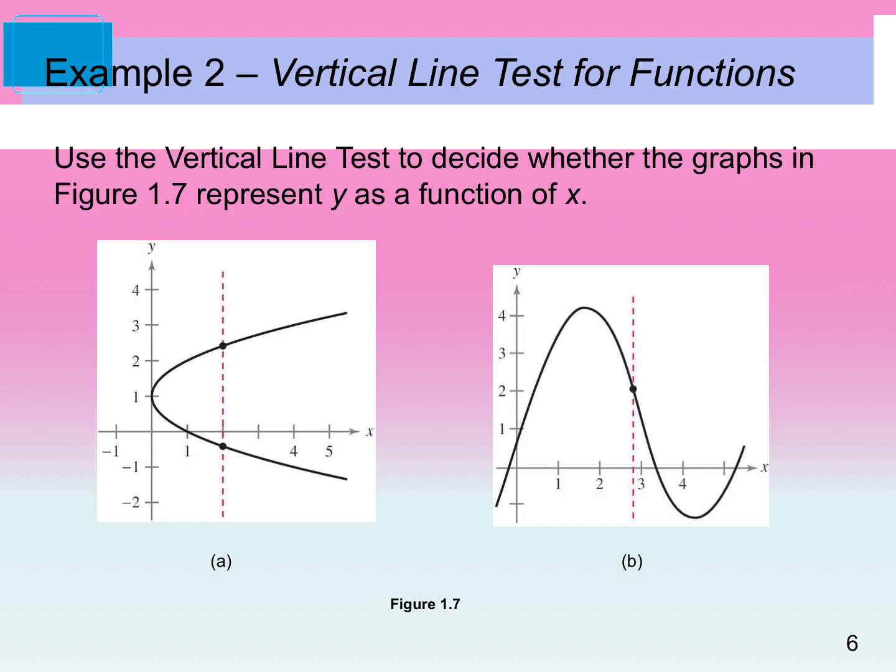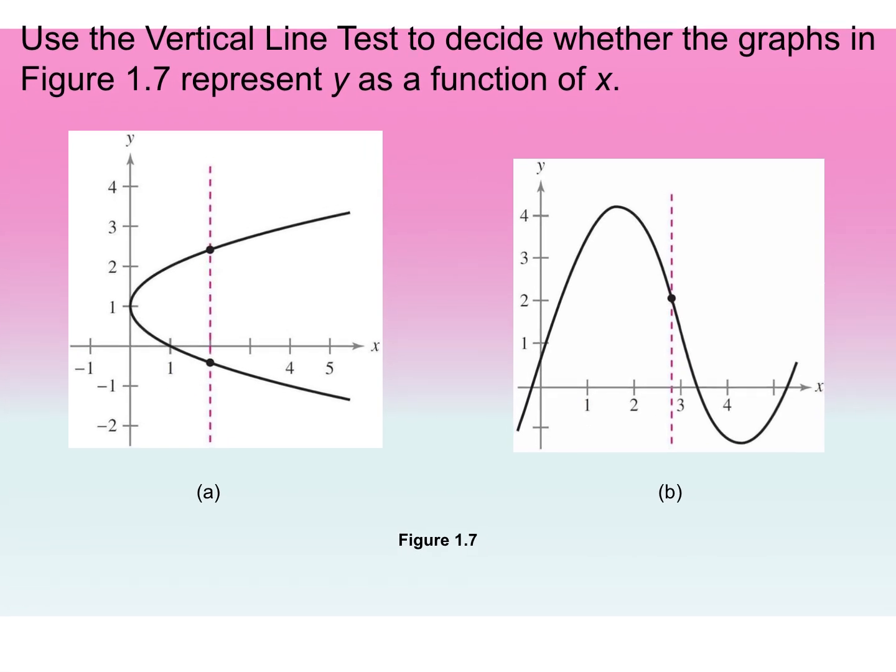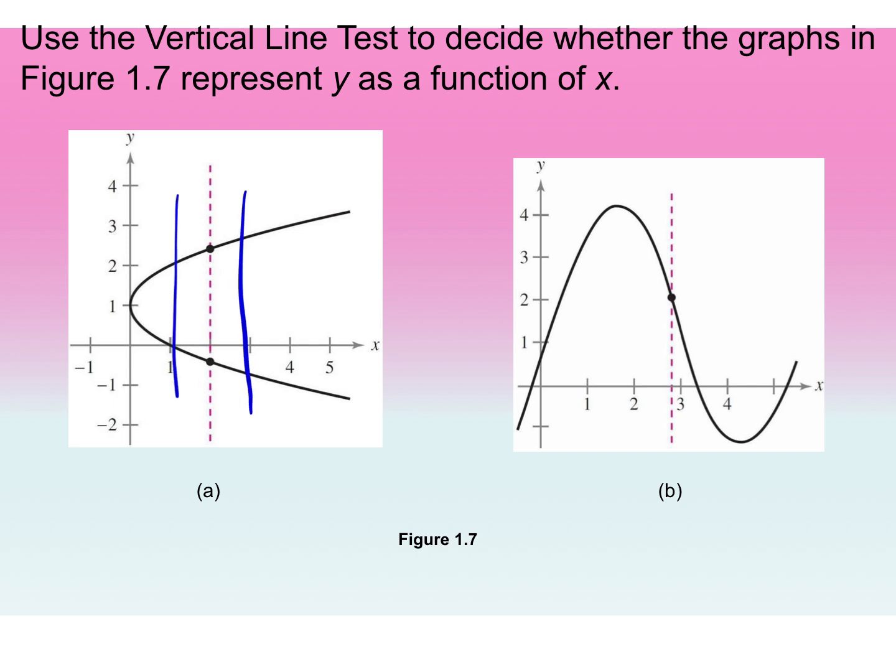So in example 2, we're going to use the vertical line test to determine whether the graph is a function. Kind of already did it for us, but in A, is this a function? No, it touches the vertical line at 2 points. So this would be not a function. What about for B?